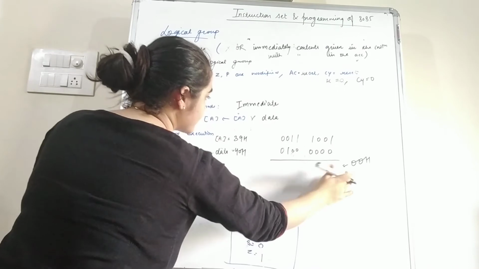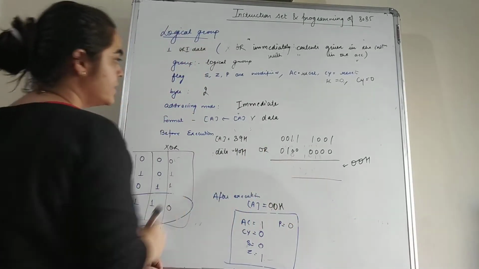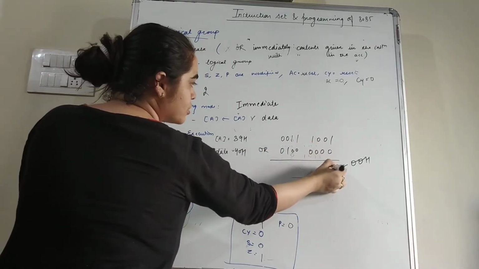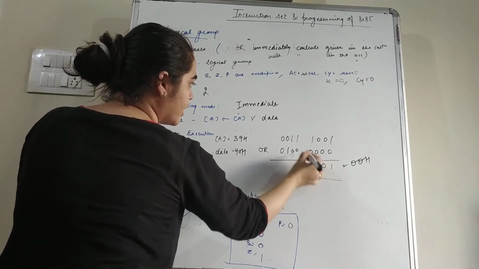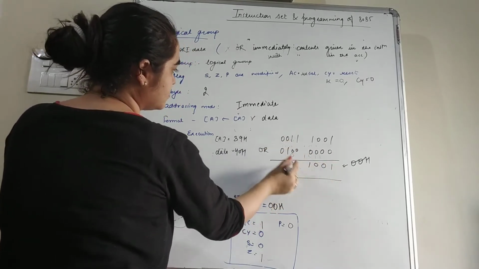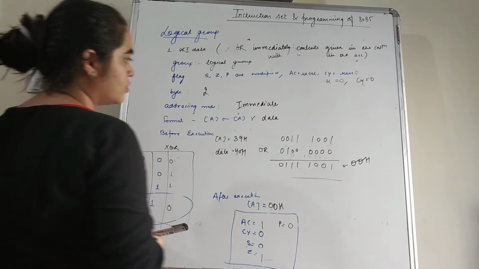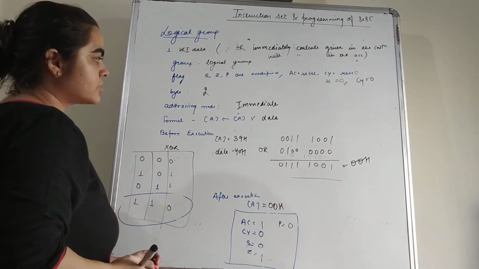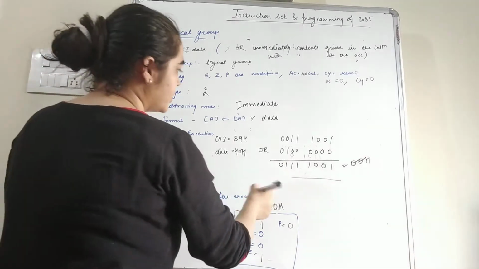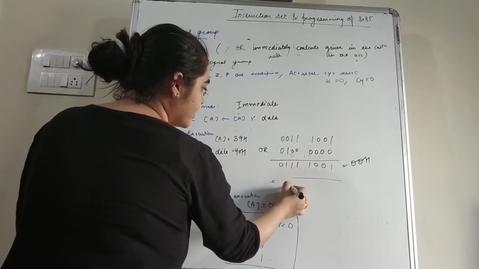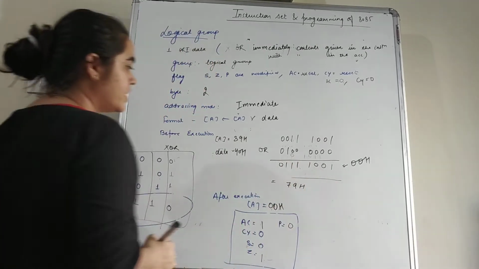So you can take the same example. According to this example, when we OR the contents, the result is 1 and 0 is 1, 0 and 0 is 0, 1, 1, 1, 1 and 0. So the result after the execution of this instruction is 7 and 9, so 79H.